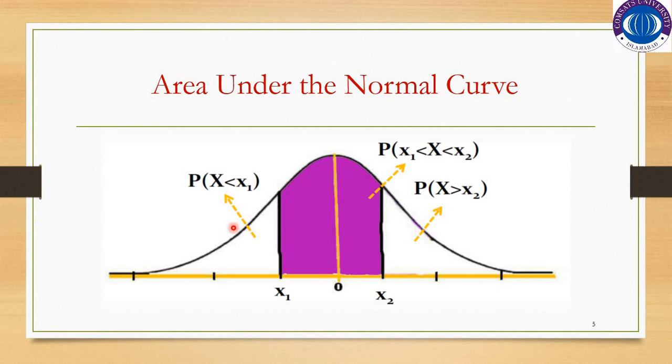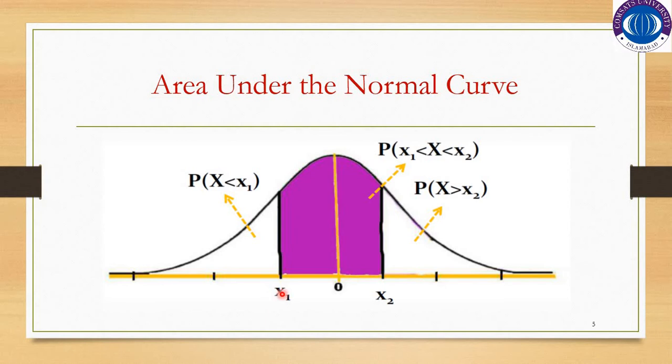So how will we find the probability under this normal curve? As you know, the normal distribution is a continuous distribution, so obviously we will find the area between two points, as we have discussed in the lecture on continuous distribution functions.